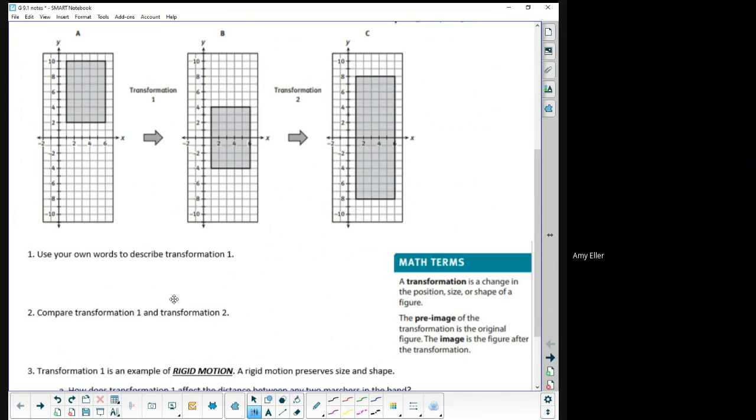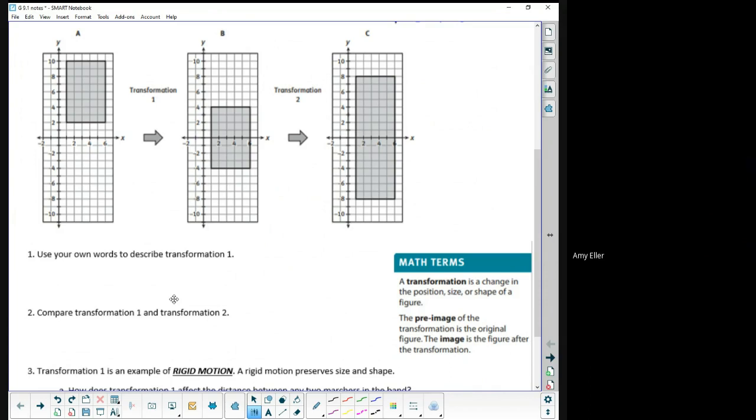Okay. Something about everybody moved down 6. Or whatever own words you wanted to use.